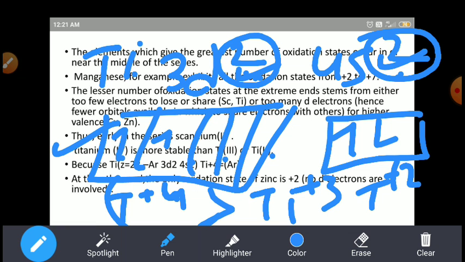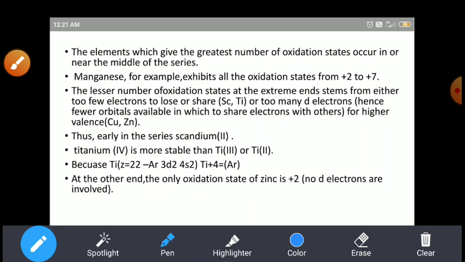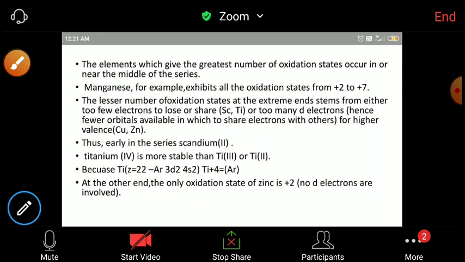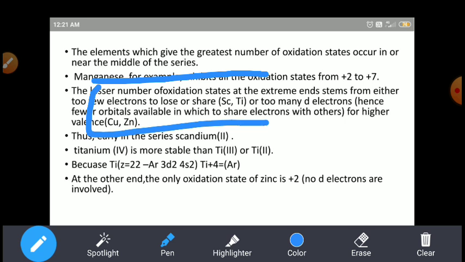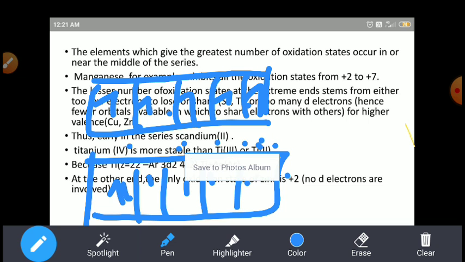Due to that reason, titanium +4 is the most stable compared to the +3 and +2 configurations. A configuration is stable if it is half filled or completely filled.